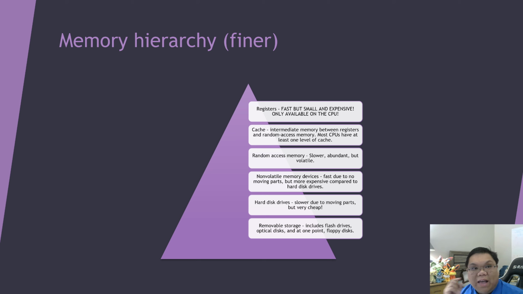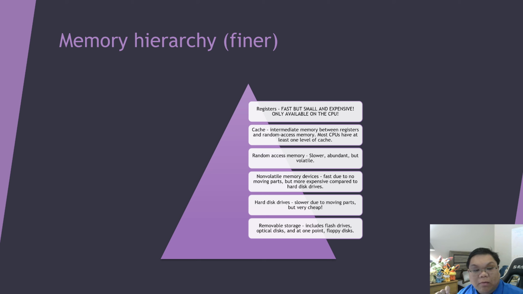If you're like a YouTuber and you need to record tons of videos, you want plenty of storage to store all your videos and all your video projects as well. That's why hard disk drives are still relevant, by the way.